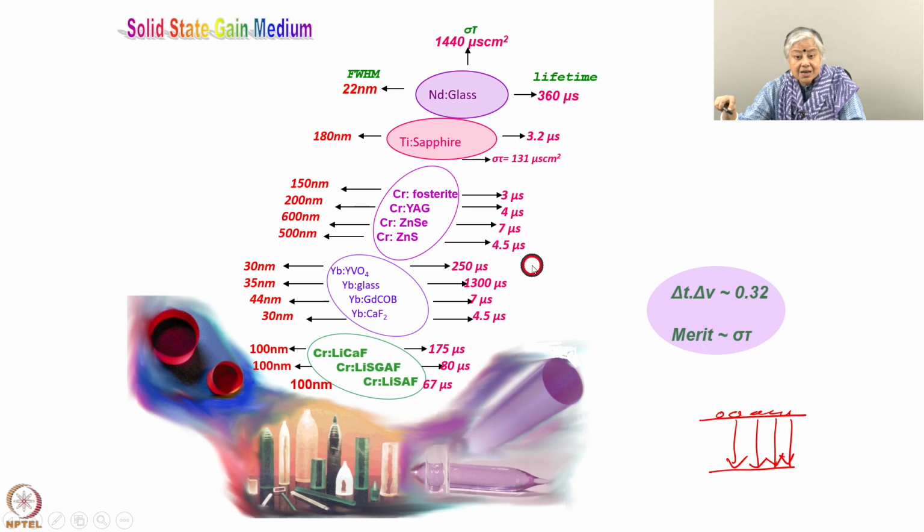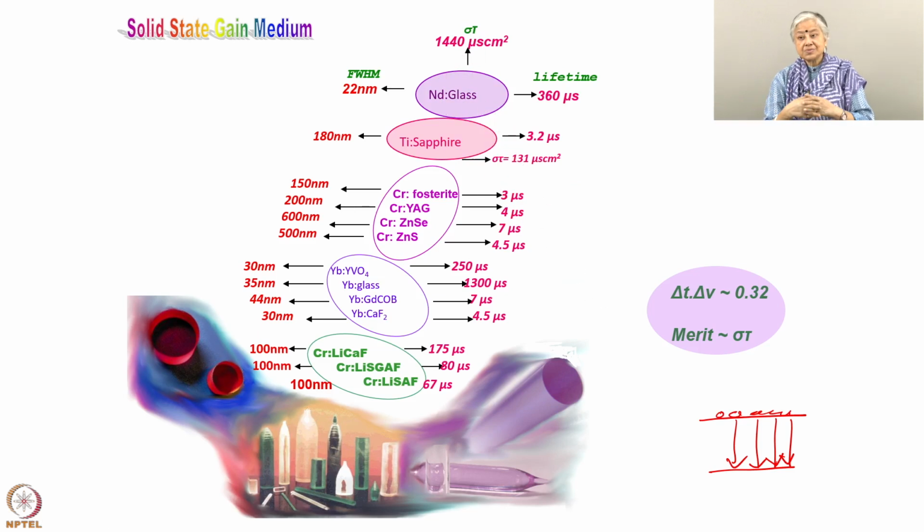So if you take that multiplication, in the case of ND glass, in microsecond centimeter square, it is 1440, while in the case of titanium sapphire it is 131. So much less than ND glass. So ND glass scores over titanium sapphire as far as this goes.